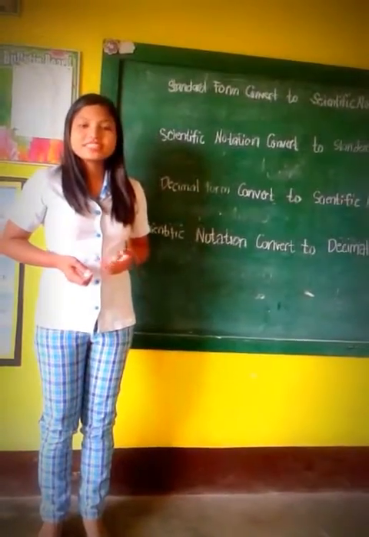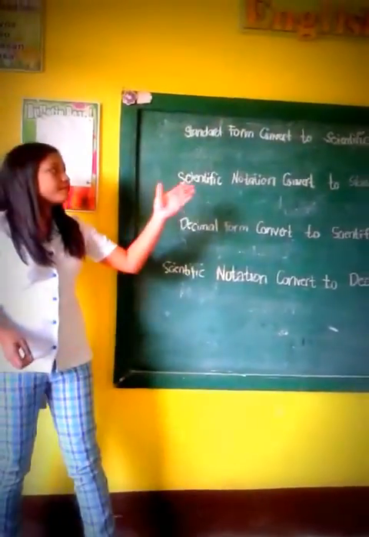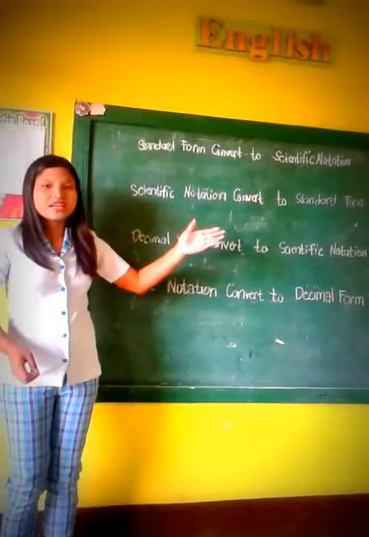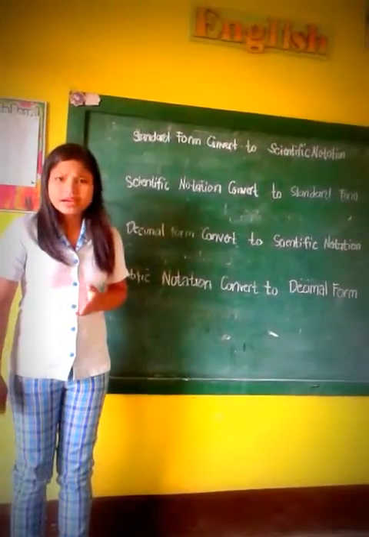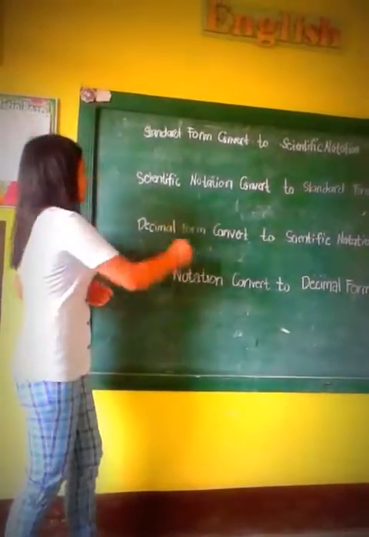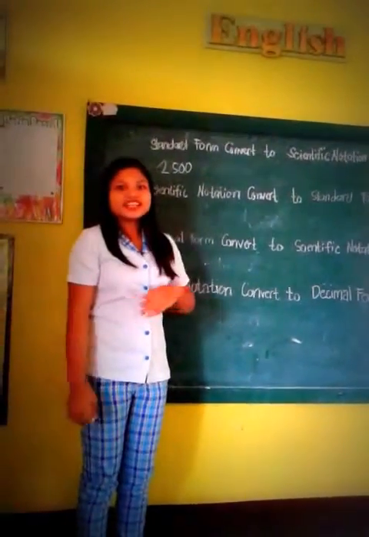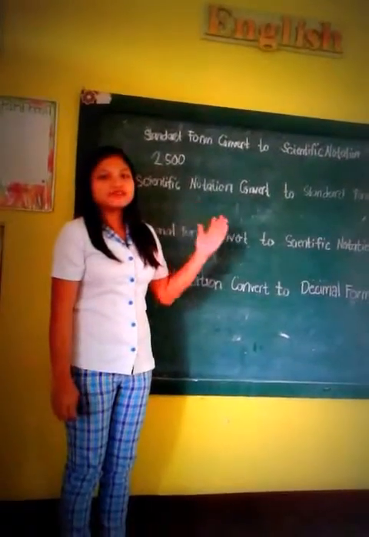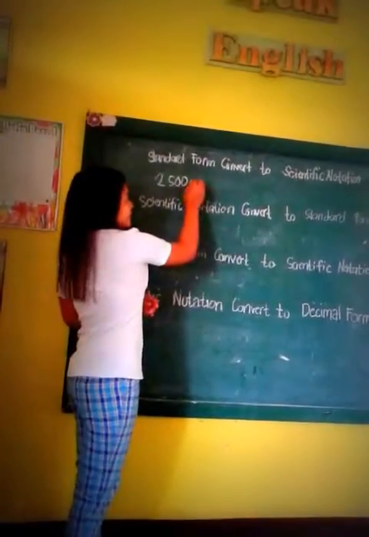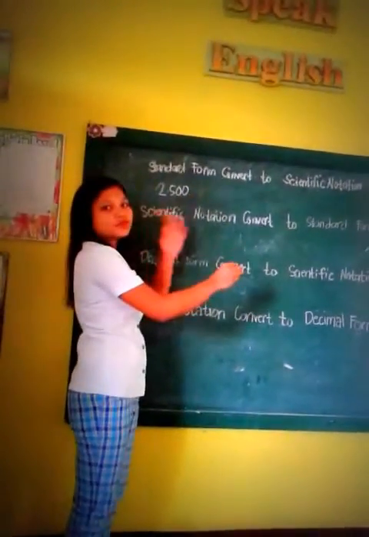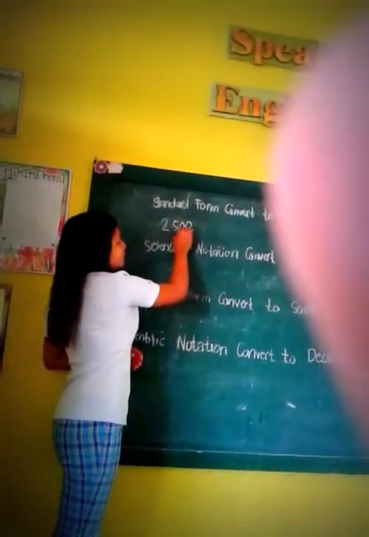This time I am going to discuss the steps of scientific notation. Step number 1 is converting standard form to scientific notation. I have a problem situation here. If you have money in your pocket worth 2,500, the thing we are going to do in order to convert it into scientific notation is, you have a decimal point here, so you must move it three places. 1, 2, 3.